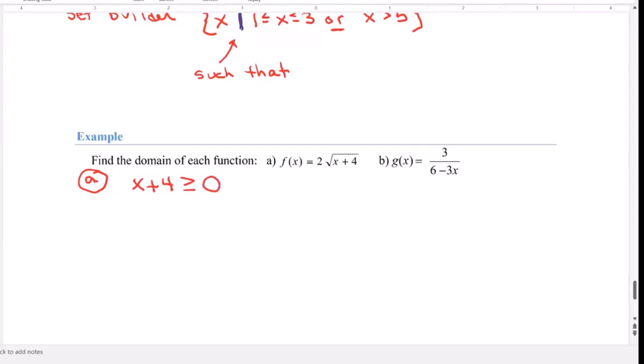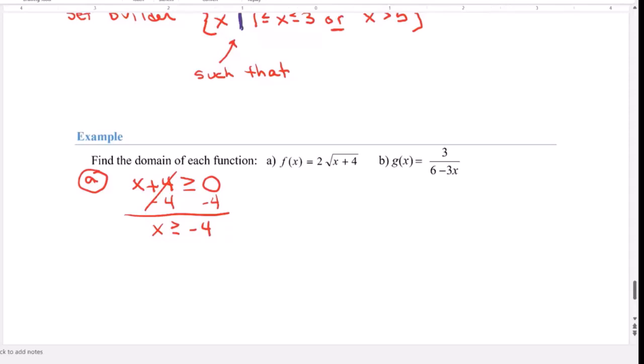Because I know that whatever's under that radical sign has to be greater than or equal to 0. And now I can just solve it. I can subtract 4 from both sides. This cancels and I get x has to be greater than or equal to negative 4. So let's look. If x is negative 4, yeah, that's 0.